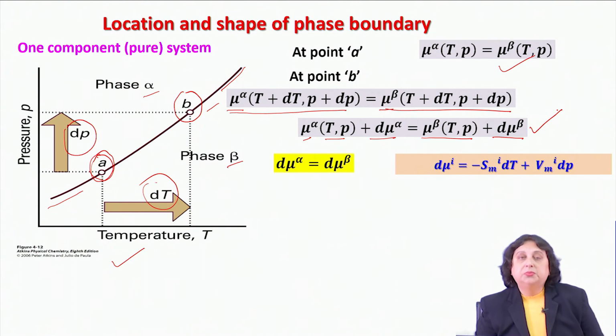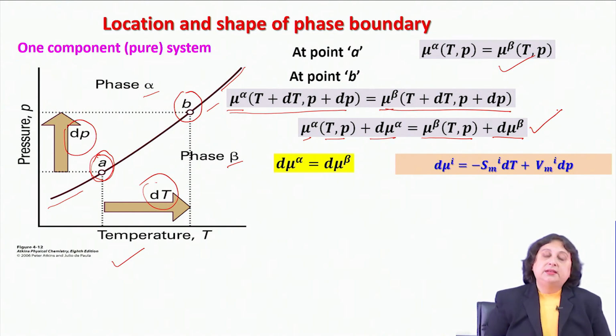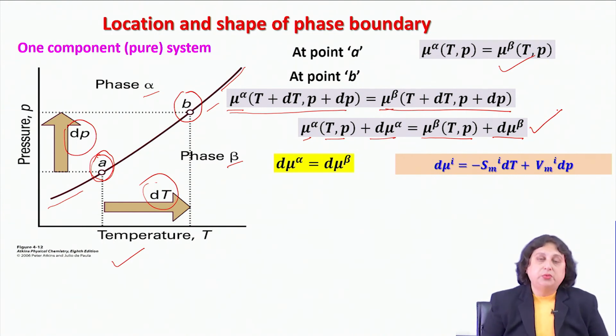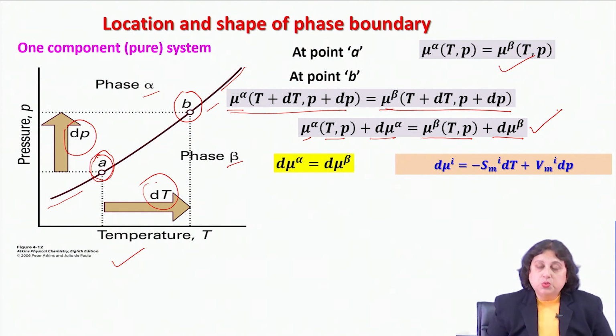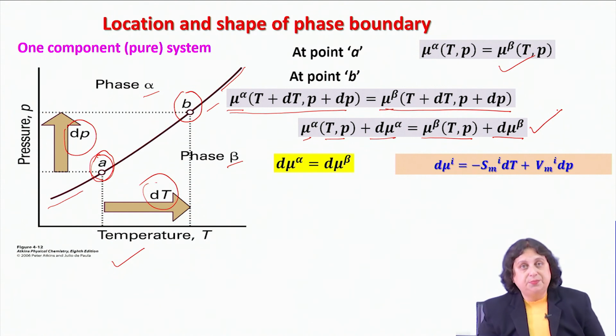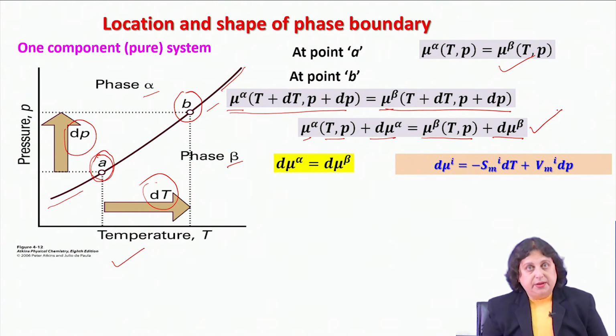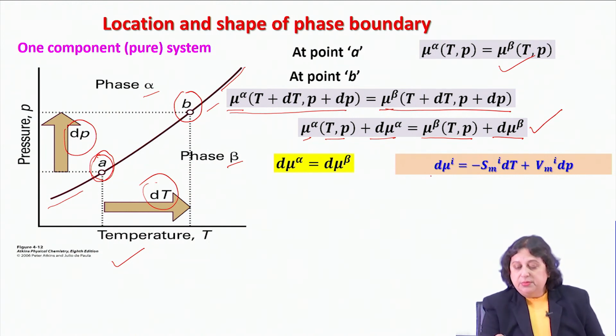This also tells us that I can go back and think about the relationship of d mu with dT and dP. For the ith component present in the phase equilibrium, I know that d mu of the ith component is dependent on dT and dP.